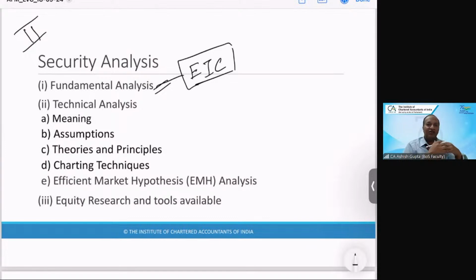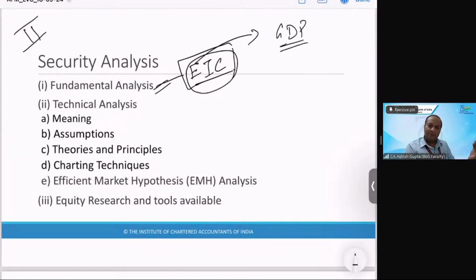First they see in which economy they have to invest, then in which industry, and in the industry in which company they have to invest. So they carry out a broad analysis. They see the GDP growth, employment rate, inflation rate, and other macroeconomic factors.